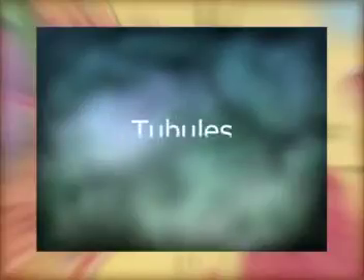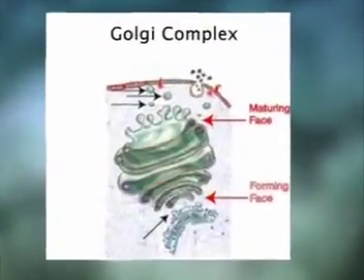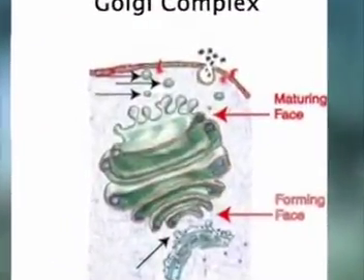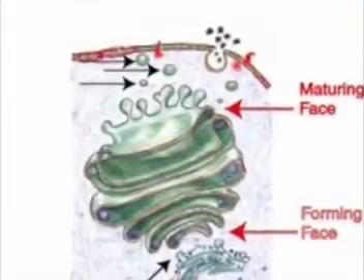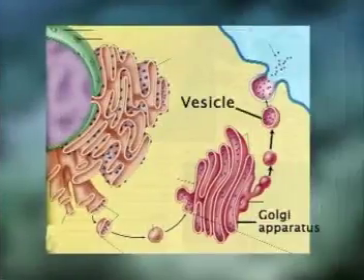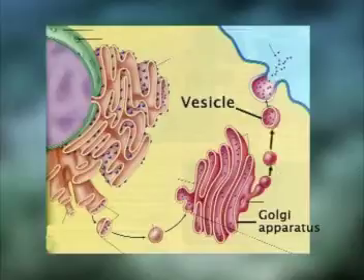Now, tubules. They are short, branched, interconnected, hollow, filamentous structures which develop on the sides and maturing face of cisternae. A tubule is 30 to 50 nanometers in diameter. Now, vesicles. They are small sacs which develop from the tubules. They contain secretory products and are therefore called secretory vesicles.